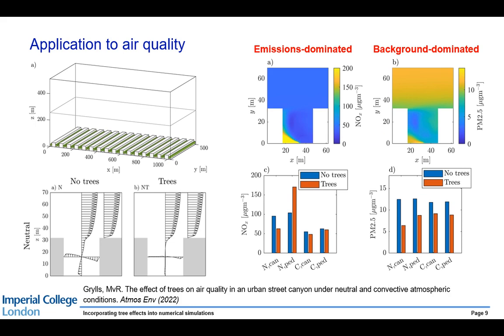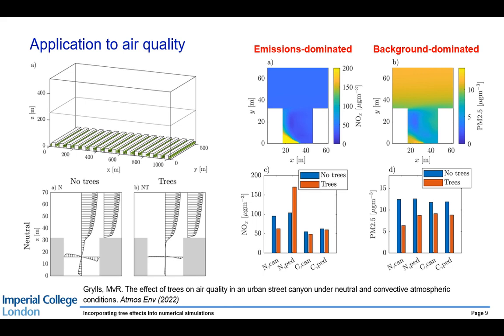If you have pollution inside the canyon itself, it's trapped by the tree. But then they also take up pollutants using their leaves. So what this study was all about was essentially looking at different situations to see what's the total effect of these two effects.